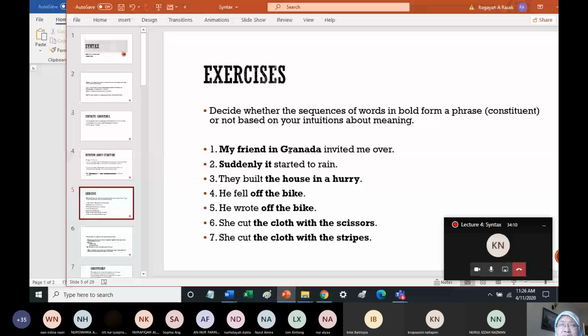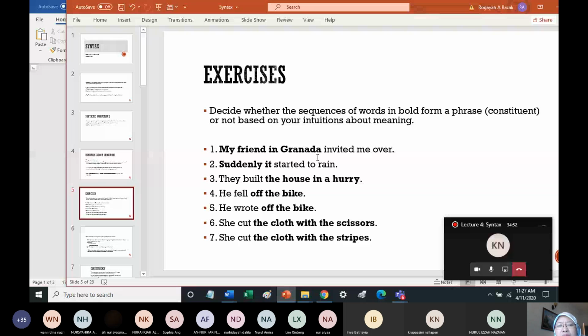Anyway, as early as primary school, you have already learned about subject and predicate. So the subject of the sentence is my friend in Granada. It happens before the verb. And I can turn that into a question: who invited you over?